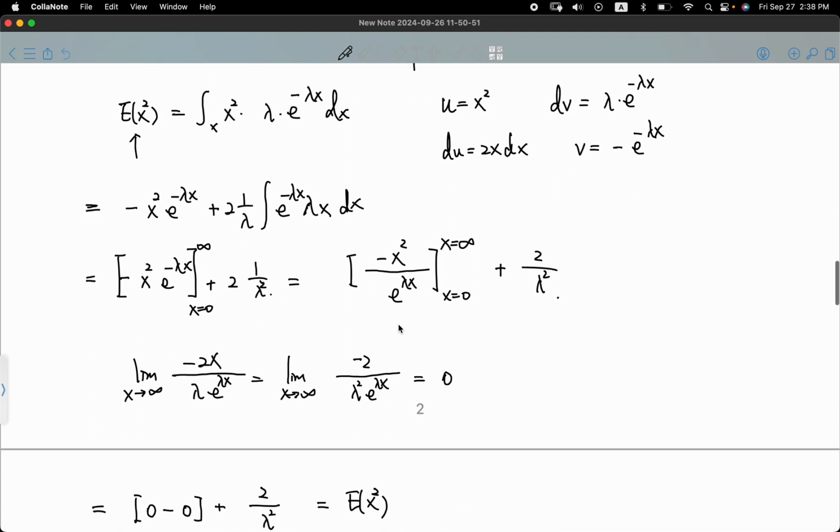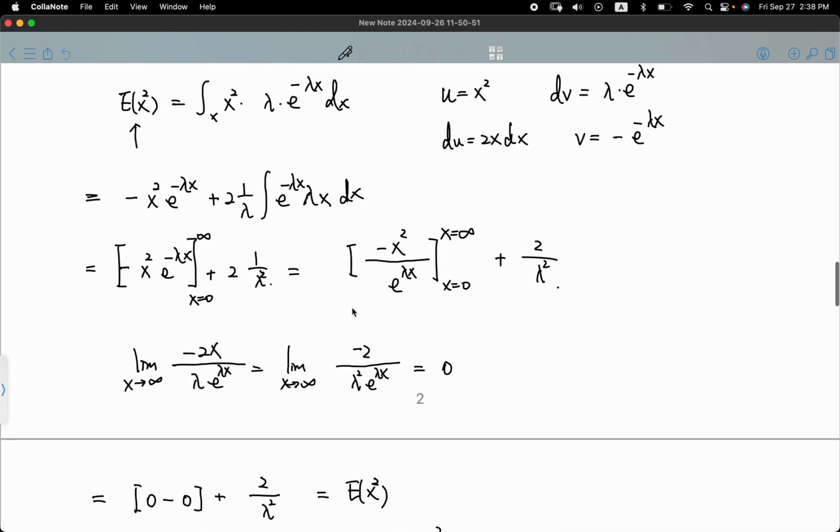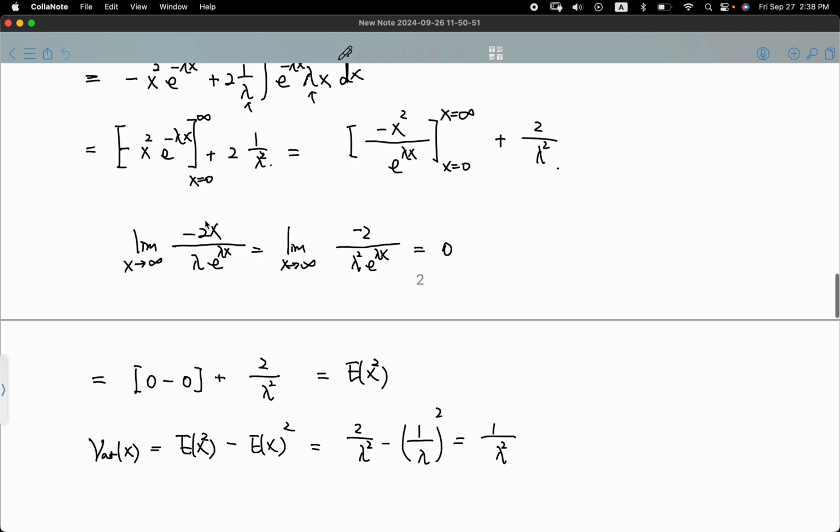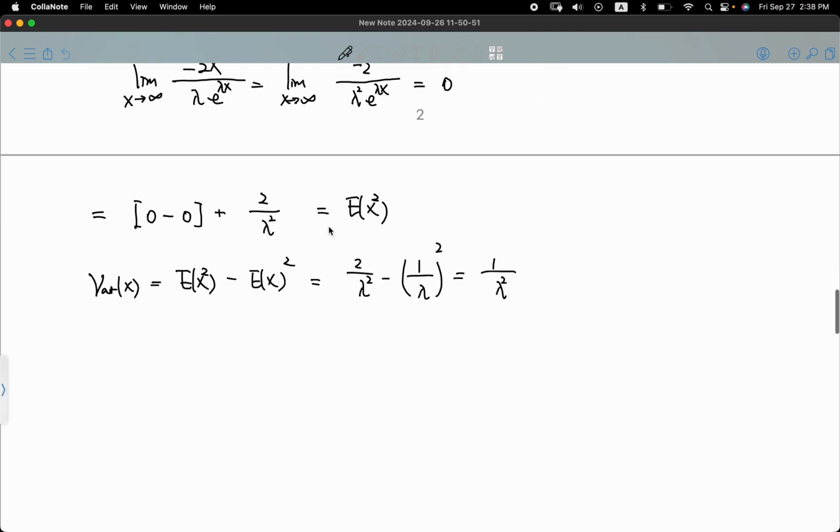And then for the second moment, we also use the integration by parts, and by construction, we use the information that we did for the first moment to replace the second term. So we don't need to evaluate this integral anymore. And then we use the L'Hopital rule twice, end up with the second moment, and then we use the formula to calculate the variance of x.